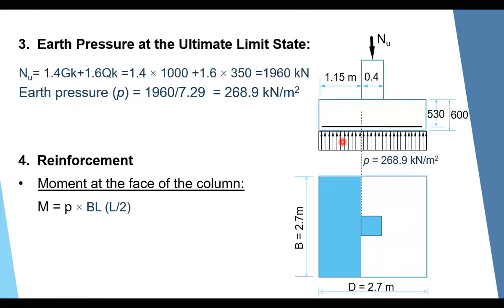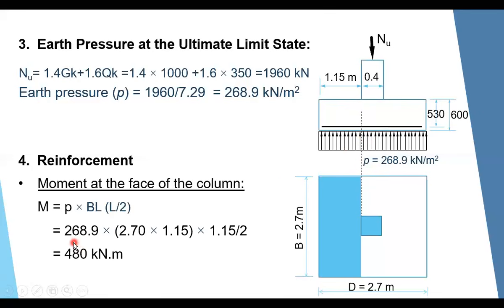So the moment equals P, in kilonewton per meter square, multiplied by this area. Meter square goes with meter square, so it will be only kilonewton as a concentrated load at the middle, multiplied by this distance, which is L over 2. So it will give us the maximum bending moment, like a cantilever.